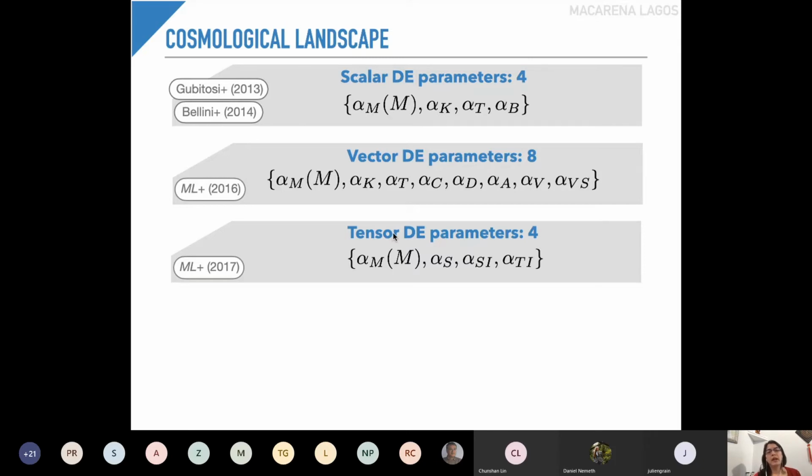non-derivative terms. As I said, these cosmological models and free parameters describe the cosmological models that come from different nonlinear gravity theories. For example, in the scalar case, these describe all the possible cosmologies coming from Horndeski theories.